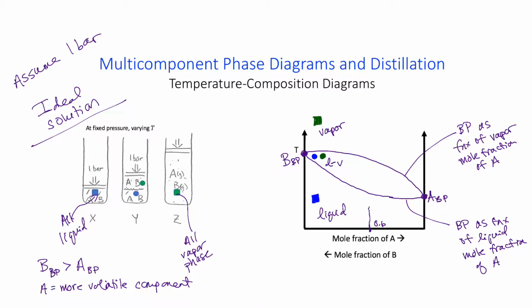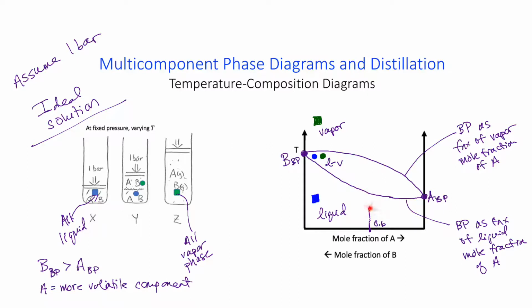In this region here, we still have all liquid. So we're still in our square region where we have all liquid A and B. Everything's still a liquid as we increase the temperature at this constant composition of 0.6 mole fraction in A, and we're going to keep going up until we hit this line.